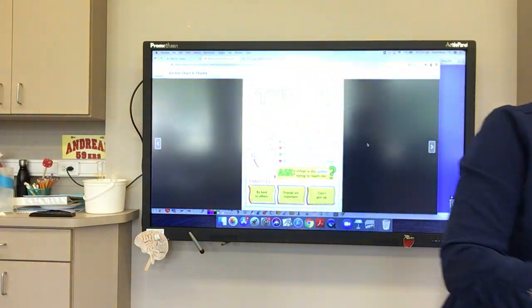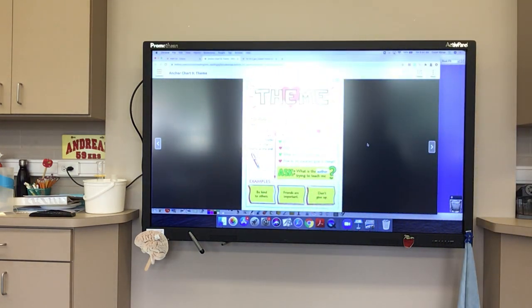And we're really going to be looking at Scaredy Squirrel to try to figure out what is the theme of Scaredy Squirrel. What did Scaredy Squirrel learn? How did he grow? How did Scaredy Squirrel change in the story? Did he learn a lesson? What is he learning?